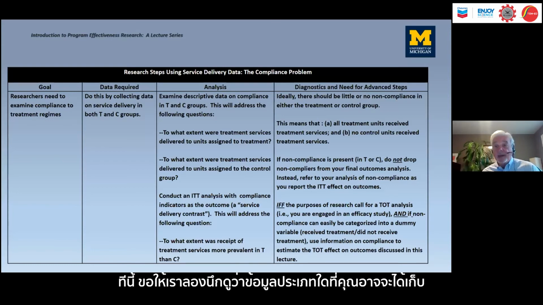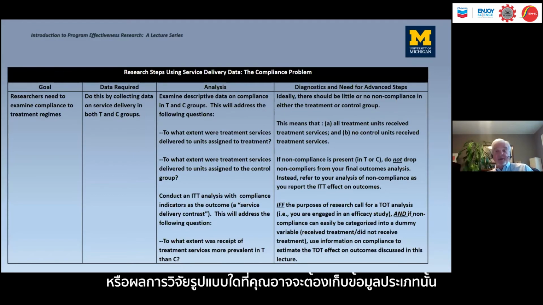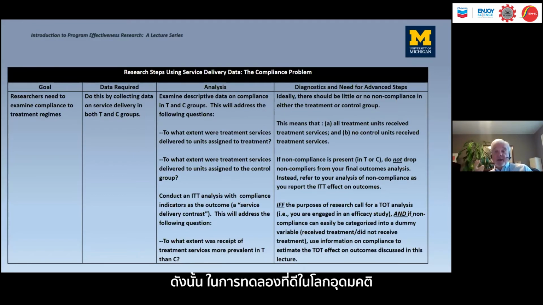Now let's imagine what kinds of patterns of findings we might experience having collected such data. In the ideal world, in a good experiment, there will be little or no non-compliance.